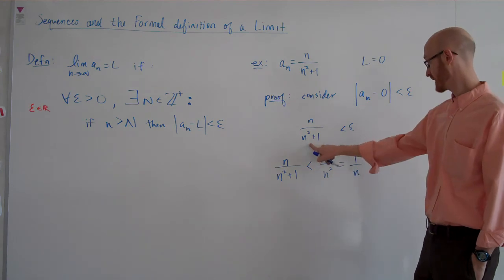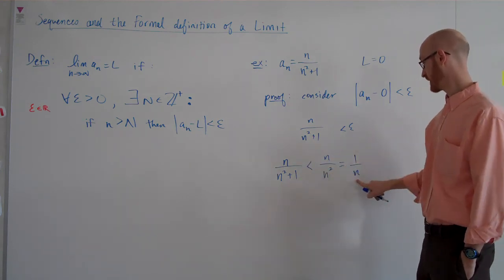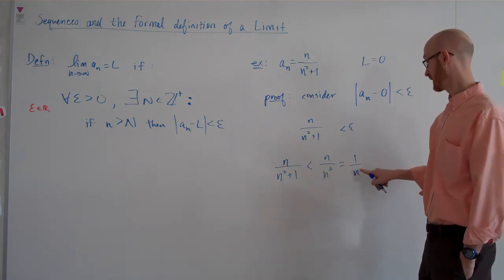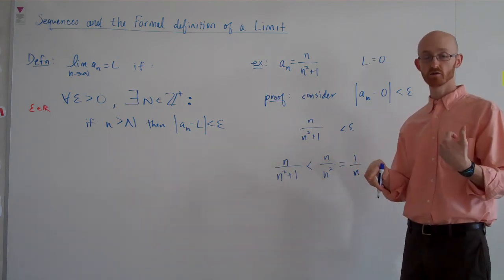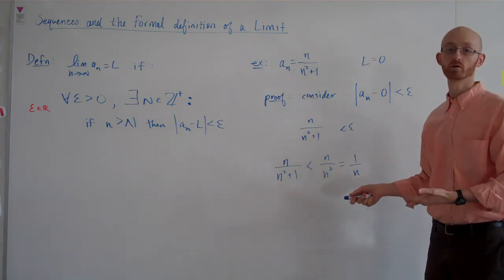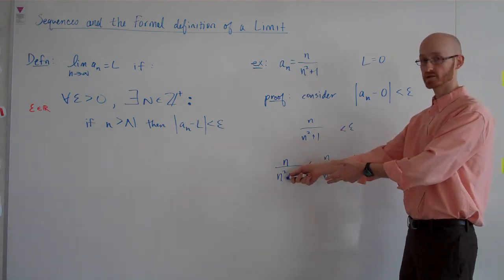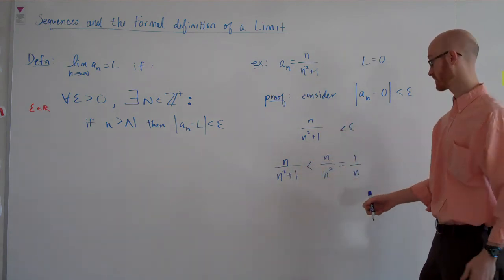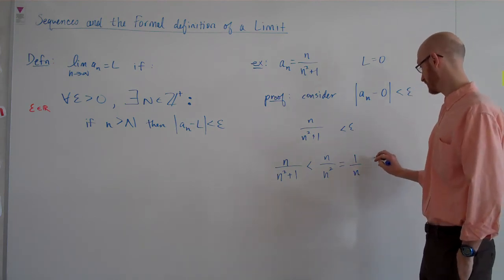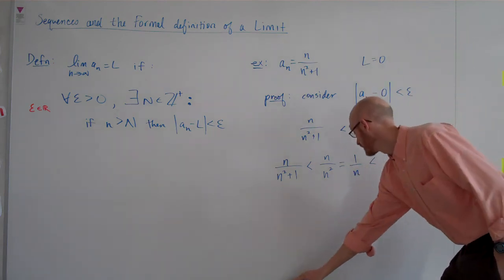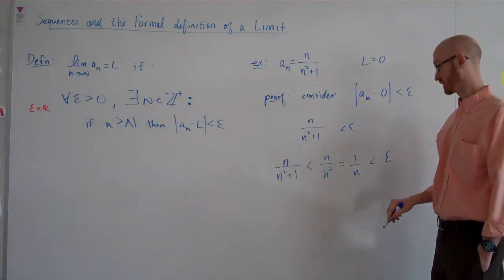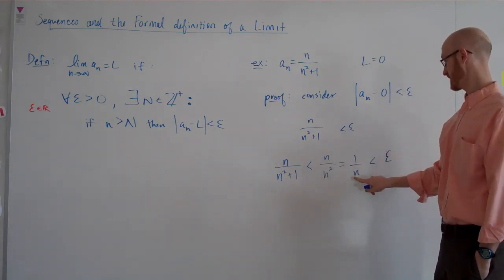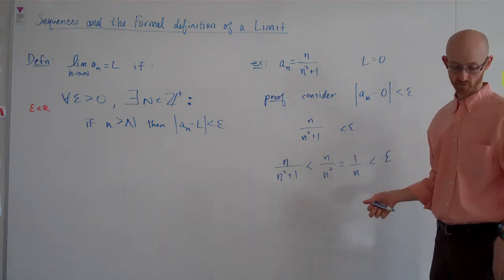So if this guy is less than 1 over n, all I would have to do is name my n value in terms of epsilon relative to 1 over n, and then I will have necessarily provided a value that works for this one. So we're going to set that less than epsilon, because if that is less than that, and that is less than epsilon, then the game's over.